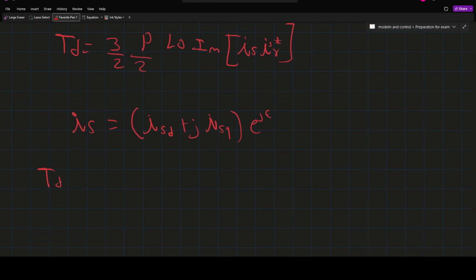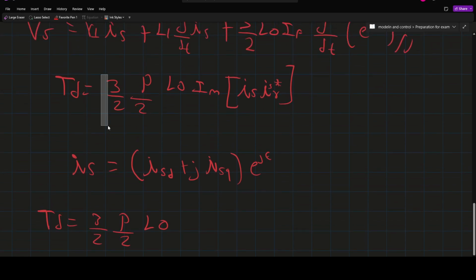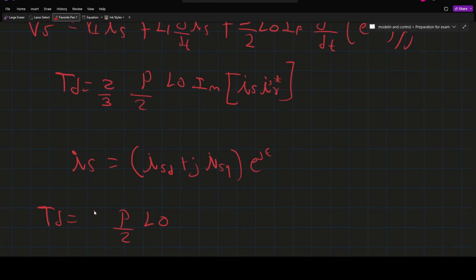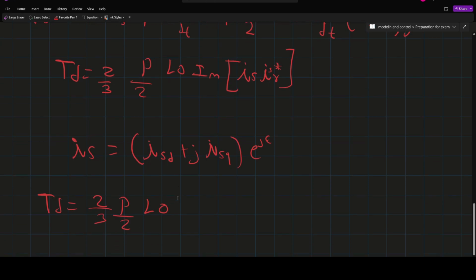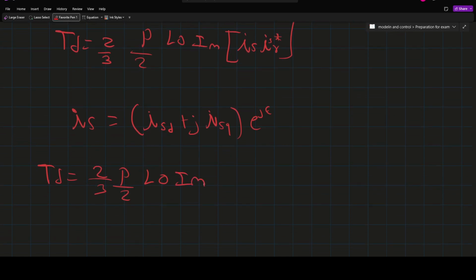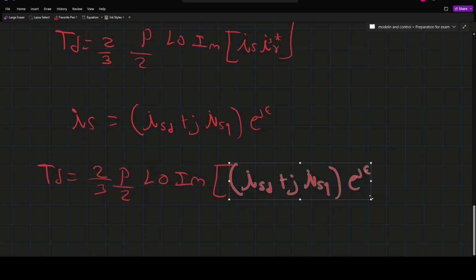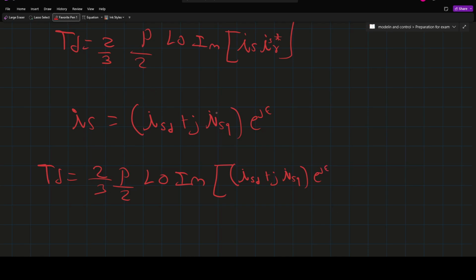So our developed torque is gonna be 3/2 number of poles over 2 multiplying, oh, I'm sorry, here. I used to write 3/2, but it's 2/3. The formula that we developed was 2/3. Okay, so multiplying the imaginary part. For now, we are going to say that this is our IS. And also if we do this, we are going to see that we can get rid of the angle.